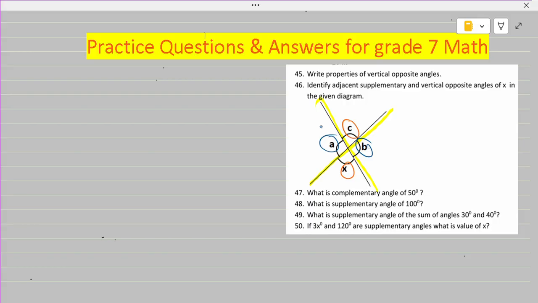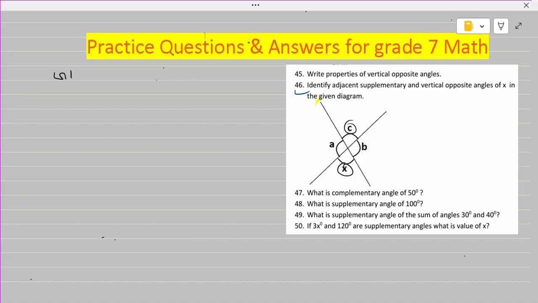And now number 46. Identify adjacent, supplementary and vertically opposite angles of X in the given diagram. So with X, we have to see which is the vertically opposite angle, and which are the adjacent supplementary angles. With X here, C is vertically opposite.